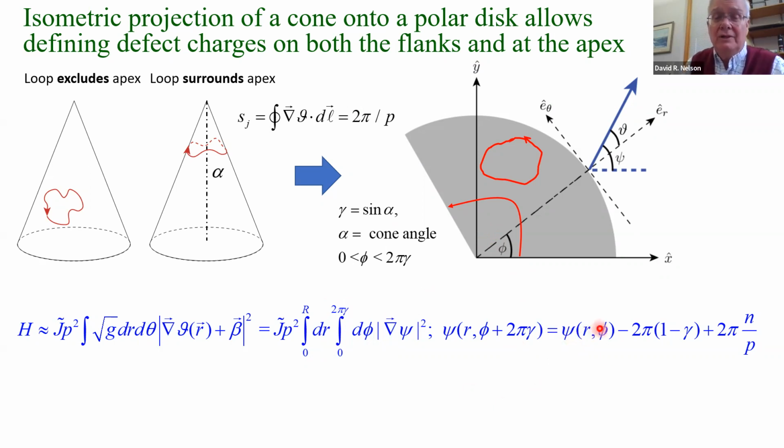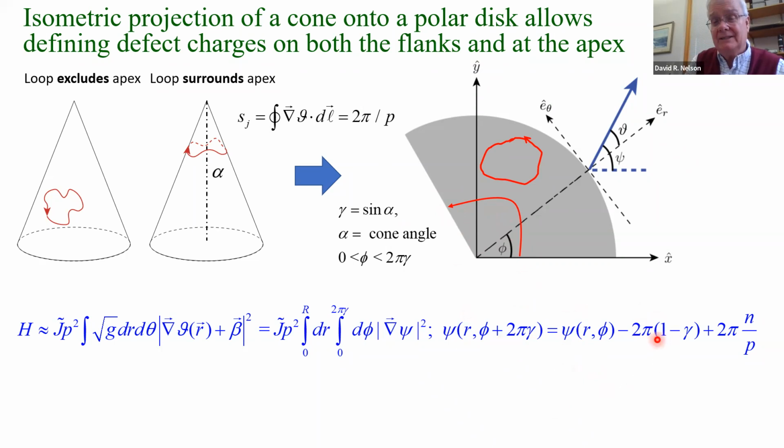I'm not going to go through the detailed arguments, but if phi goes from its initial value to 2 pi gamma, for example, if it goes from 0 all the way here, there's a boundary condition that requires this to join smoothly, and it picks up two contributions relative to what it had over here as I go around.